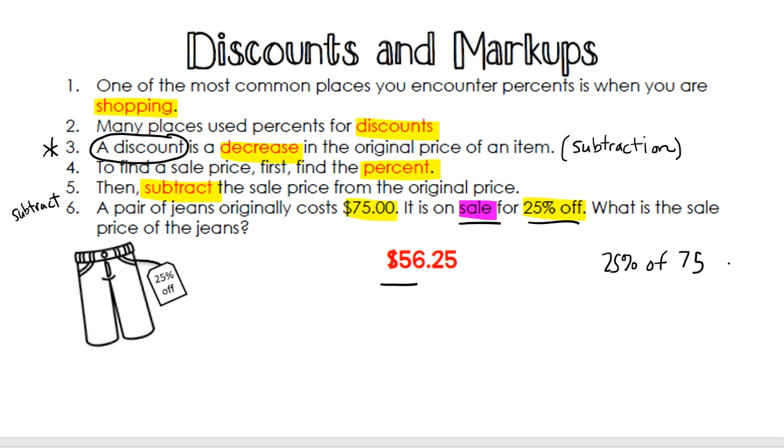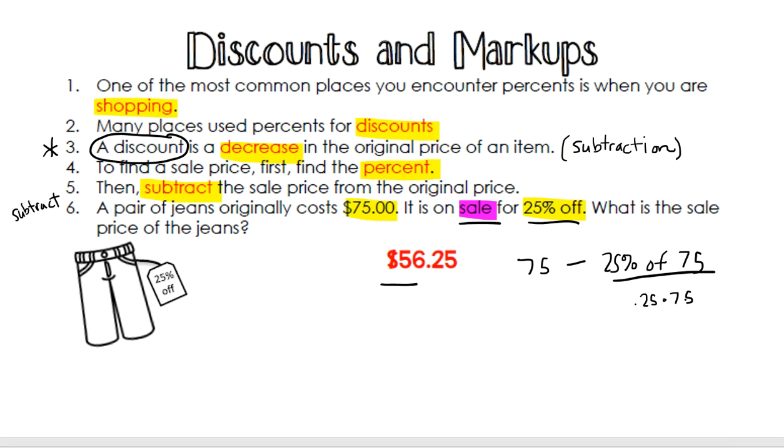That's the part that you get to subtract off from the original price. Okay, so the way that this works is you're going to do $75 minus the 25% of $75. Okay, and this 25% of $75, we do that first by doing 0.25 times 75.